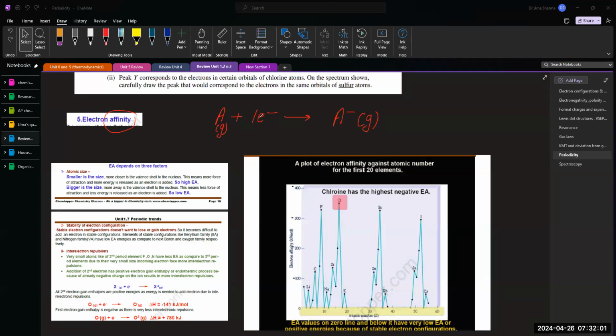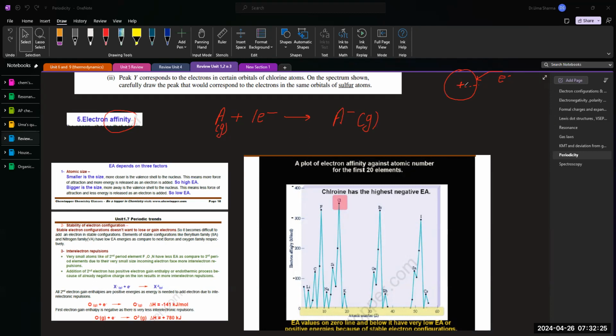So here what you are doing, you are adding an electron to the atom. So this is the atom. And when an electron is approaching this atom, what is happening? New attractive forces are made, correct? Why does this electron want to get added? Because this nuclear charge is asking it to come inside, right?